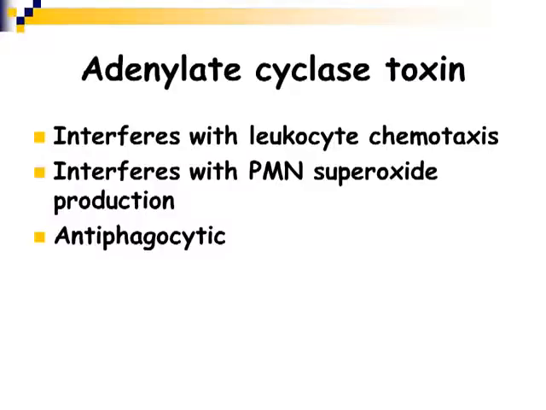So your neutrophils in your body can generate toxic oxidative radicals, and these oxidative radicals play an important role in killing bacteria that the neutrophils phagocytize. And of course, this toxin is also anti-phagocytic, so not as many phagocytic cells are going to be able to come in and gobble up the organism that's producing this toxin.